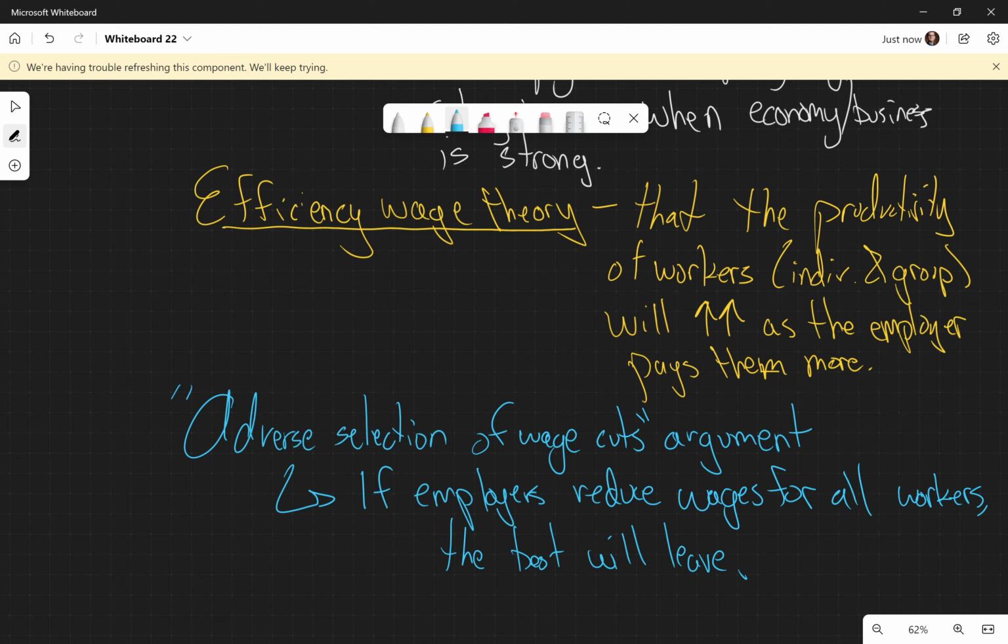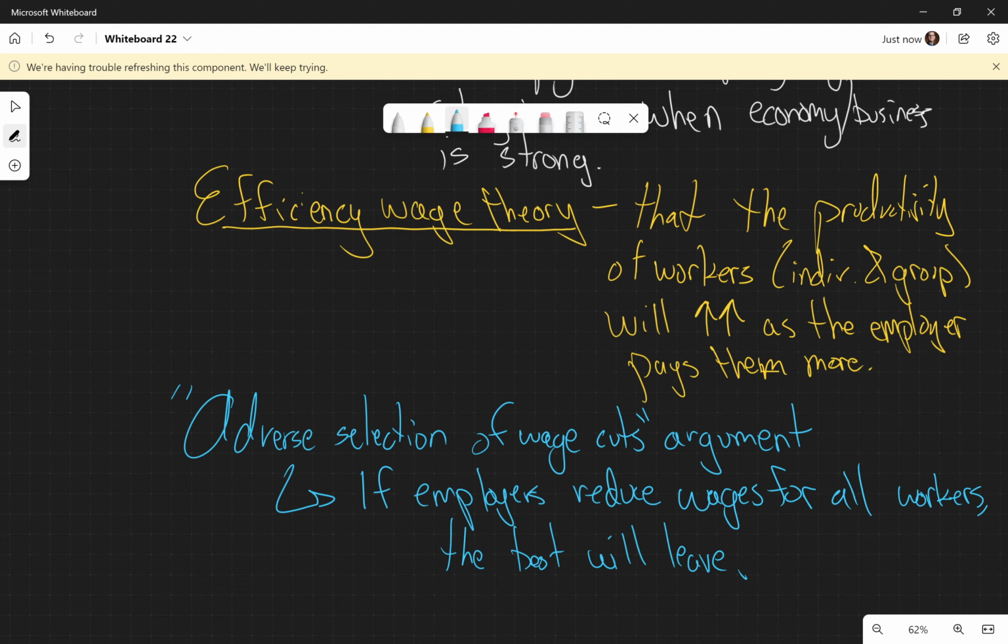So if all of a sudden Chadron State said, I'm going to pay all the faculty members $10,000 less, there may be some people here that are going to leave, that otherwise we would have kept, right? And those people might have been some of the most skilled. So adverse selection of wage cuts.